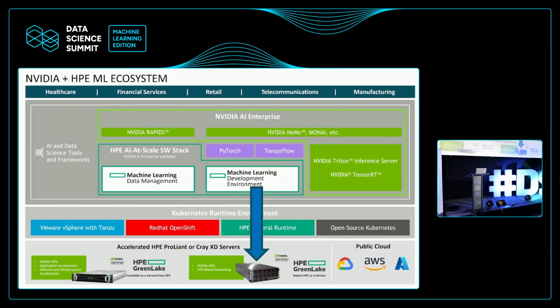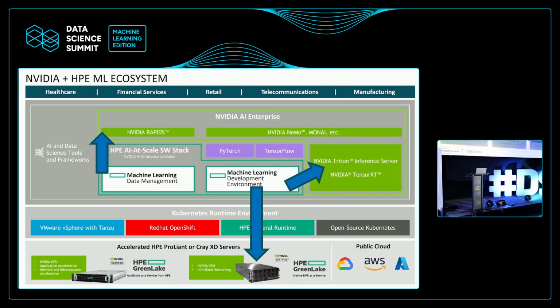It can leverage NVIDIA RAPIDS, an open source library that can speed up your data processing pipelines by an order of magnitude. And there is also NVIDIA Triton server combined with NVIDIA TensorRT that can help you deploy your models.